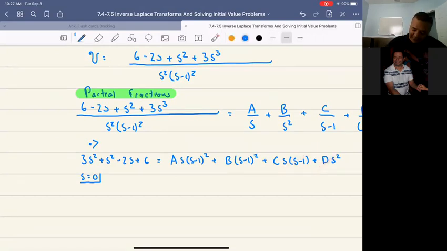So we get 6 equals b. Let's take s equals 1. If s equals 1, this goes away, this goes away, this goes away. So we get 3 plus 1 is 4, minus 2 is 2, plus 6 is 8. On the right-hand side, we get d. So we've already got 2 of them.